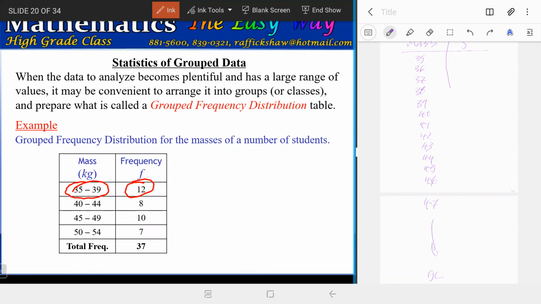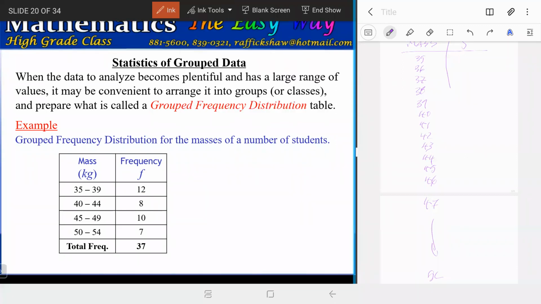You don't know how many of them measure 35, or 34.8, or 39, or 38.5. You don't know the actual measurement of the people. And the same thing for all the groups. The 8 persons in this group, you don't know the actual measurement.